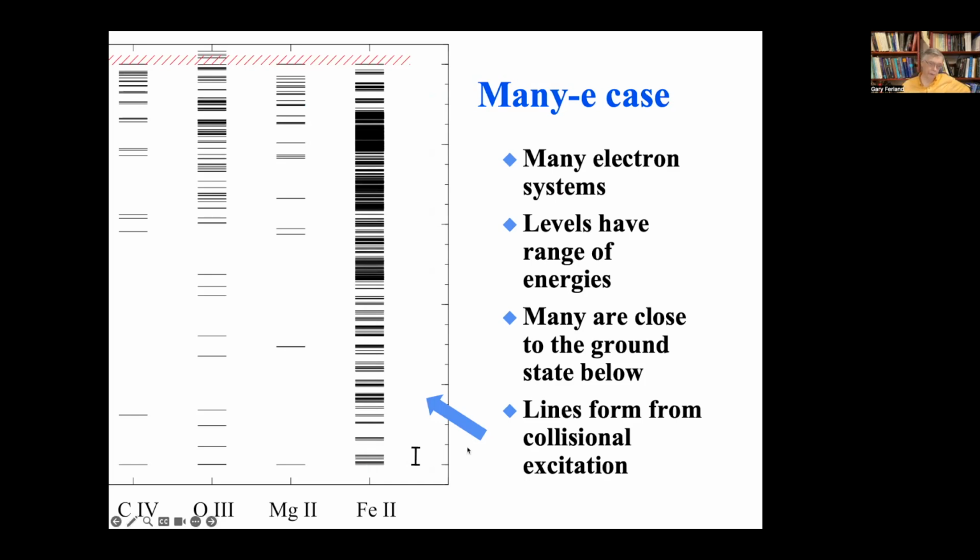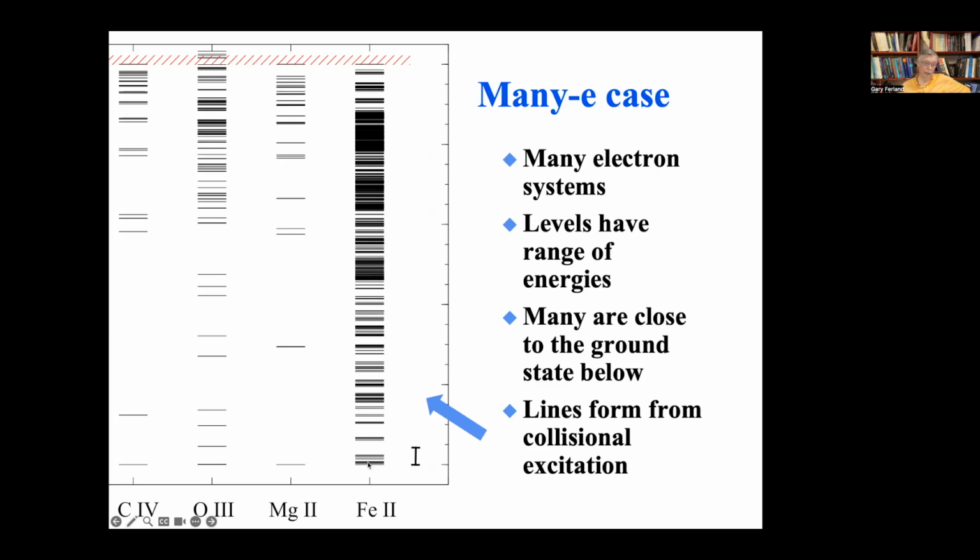For typical photoionization cases, this vertical bar shows the kinds of energies, that's kT, the Maxwellian energy. If you have an electron in a ground state, and there are free electrons with about this much energy, they can collide with the ground state and excite it to one of these levels. So these levels down towards the bottom tend to form by what's called electron impact excitation.